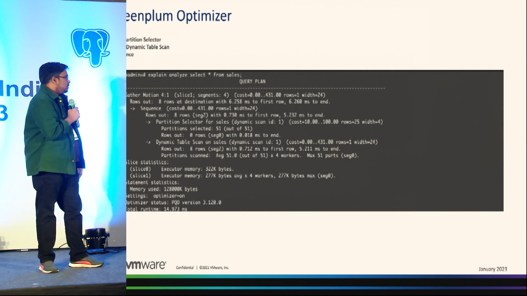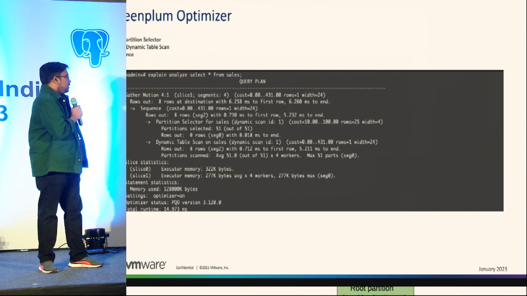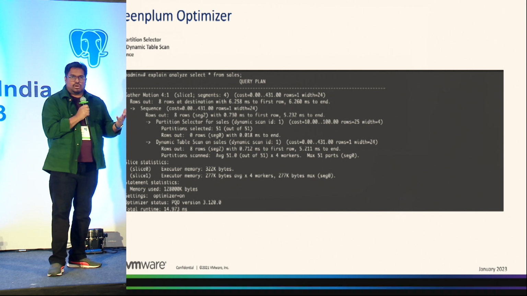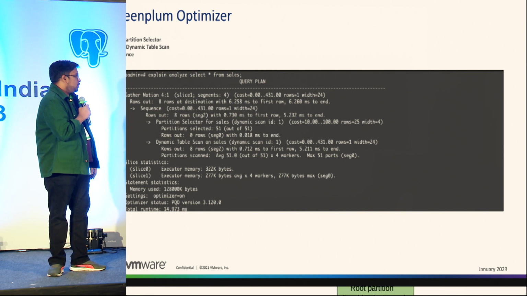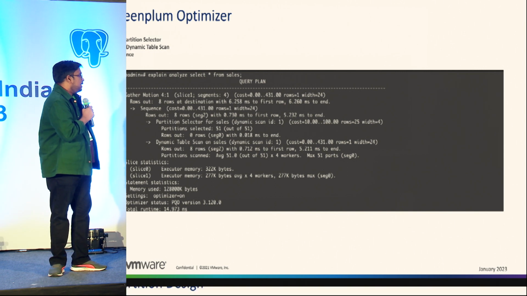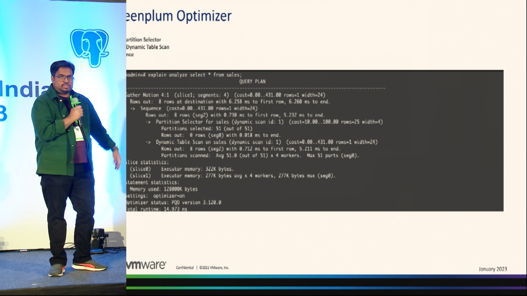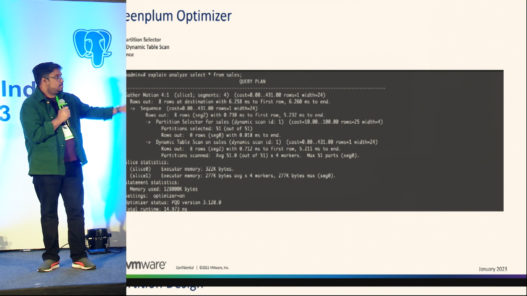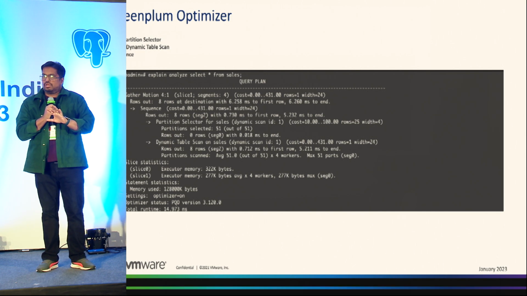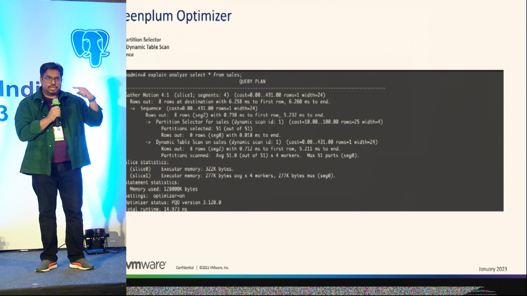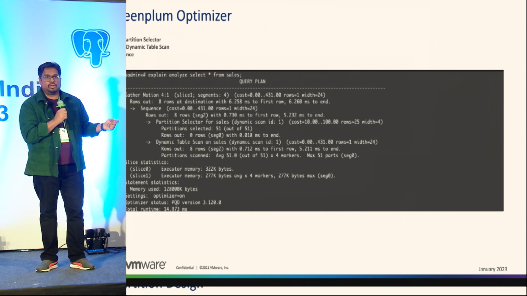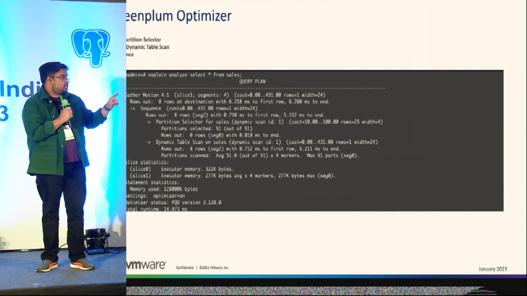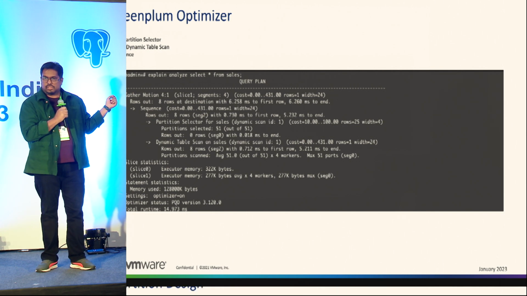Now, one of the questions that commonly comes up is why was this introduced? What benefit does it offer over your Postgres planner? The very first thing is that this kind of elimination occurs directly during runtime. The plan does not know whether the partition has been eliminated during the planning phase. When it starts getting executed on your Postgres instance, that's when it realizes that it has hit a partition table.